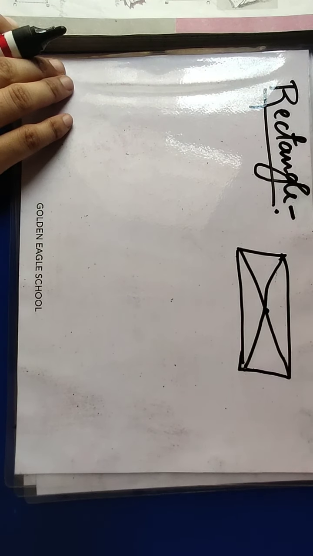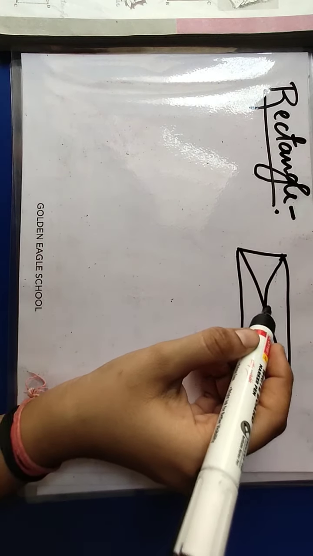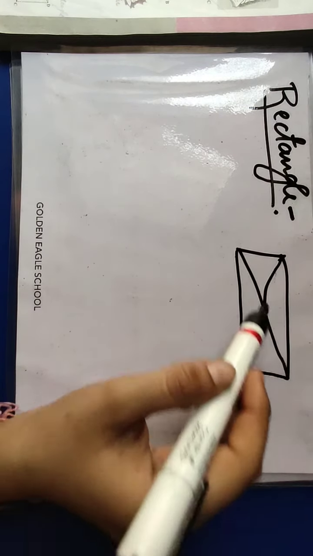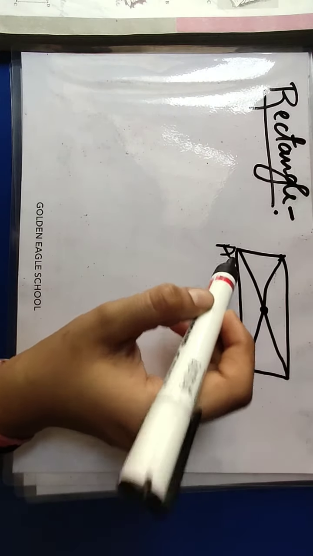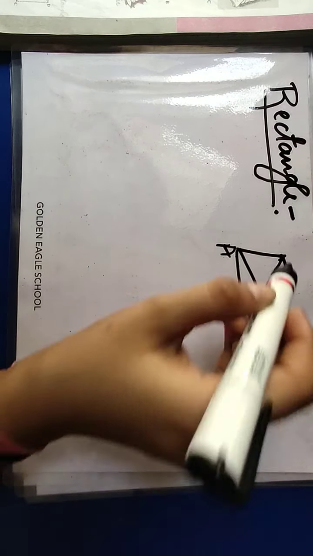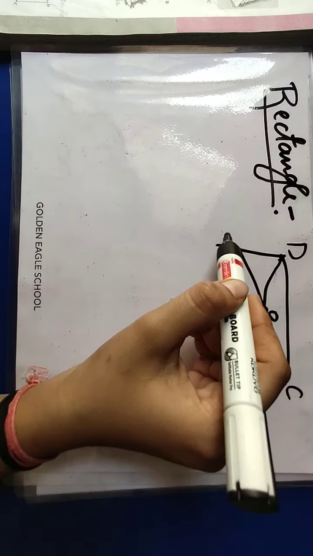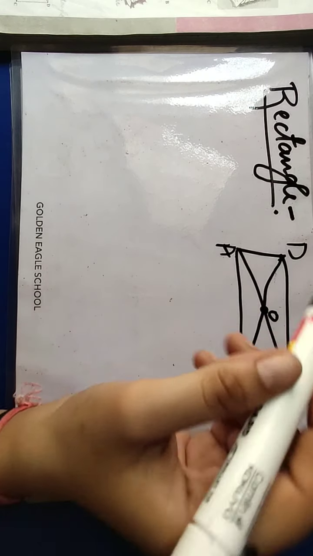These are the two properties: they are of equal length and they bisect each other. Means OC is equal to OA, OB is equal to OD, and BD is equal to AC.